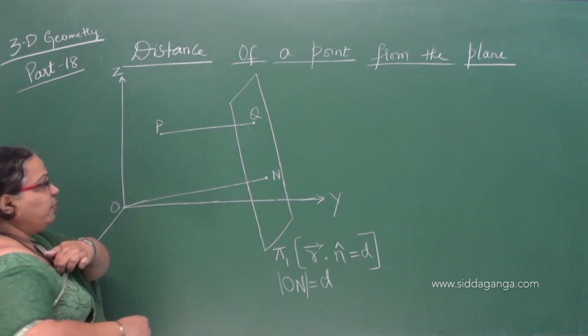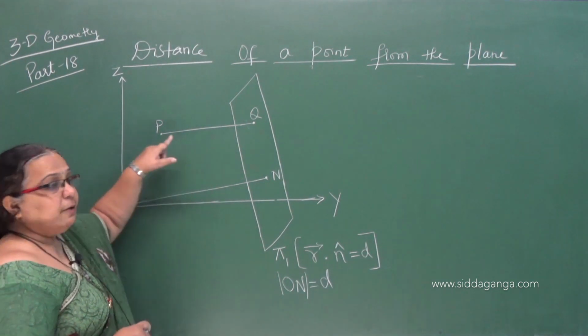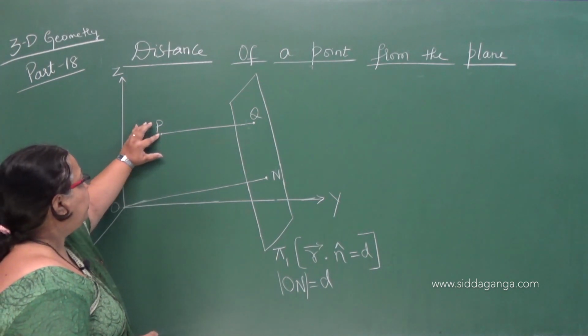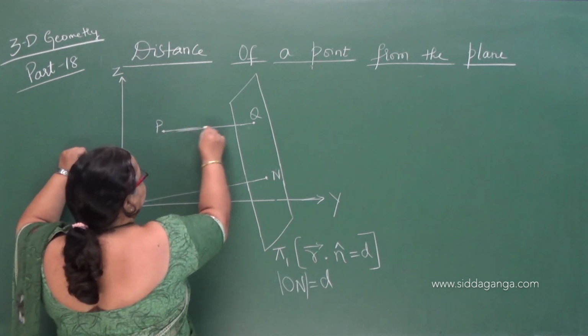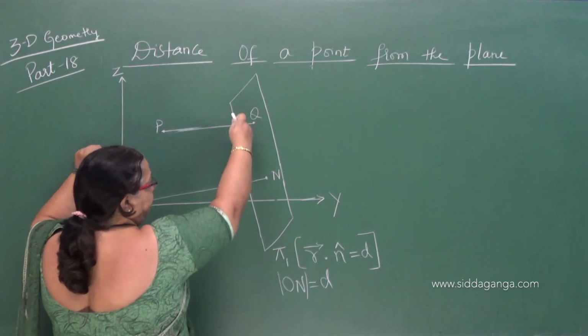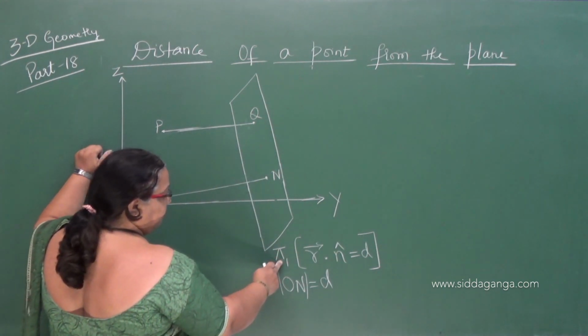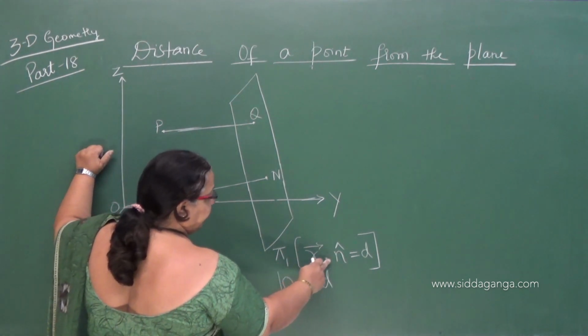Now we have to know ಇದು, according to this given data, we have to consider a point P in the plane, and you take the given plane. This is the given plane. We have to consider this plane equation according to theorem 1.